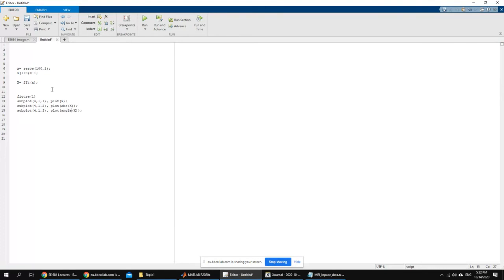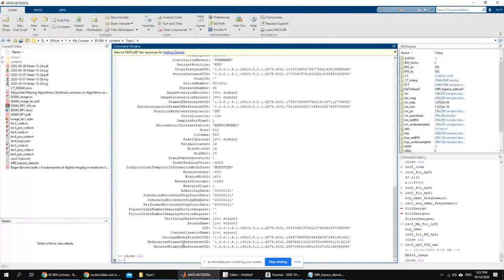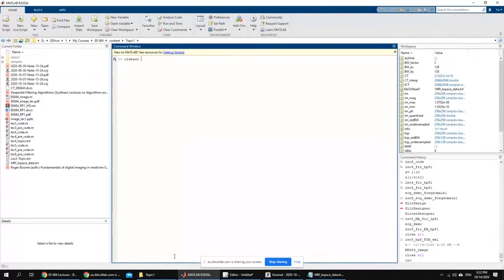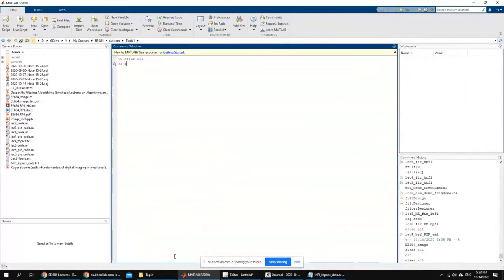If you have a complex number, maybe I can show it to you here. I can say x equals 1 plus i. MATLAB accepts i as the i that we know, or j. You can say j, it's fine.